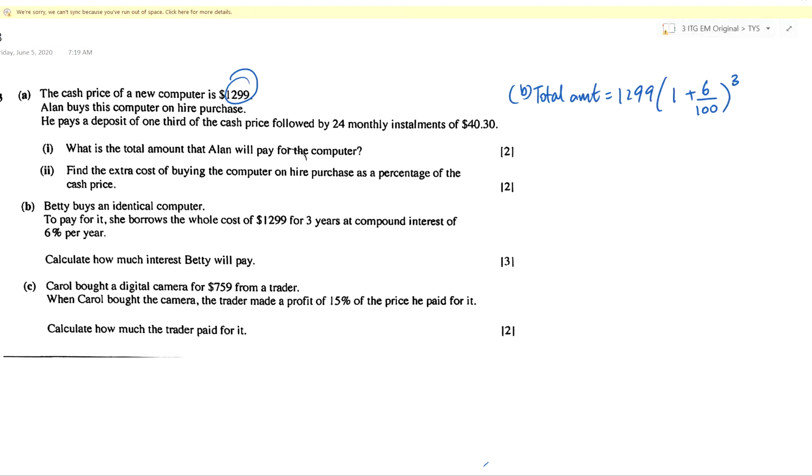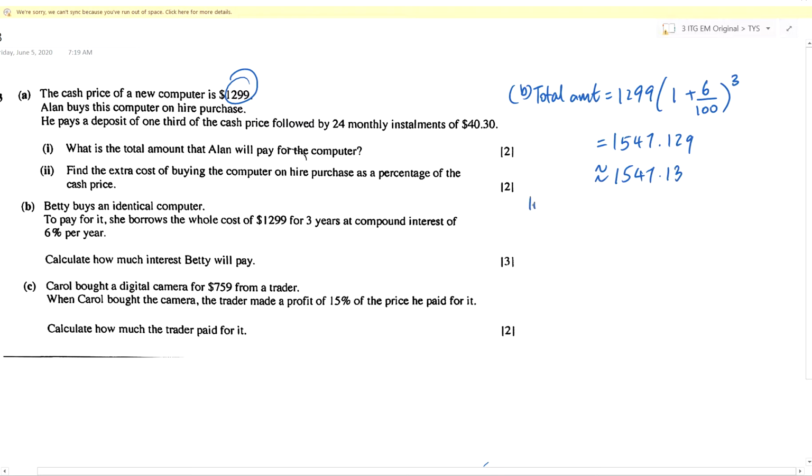Okay, so let's work this out. 1.06 power 3 times 1299. So we can see that this value is even higher than the previous value that Alan paid. So round this off to 2 dp.